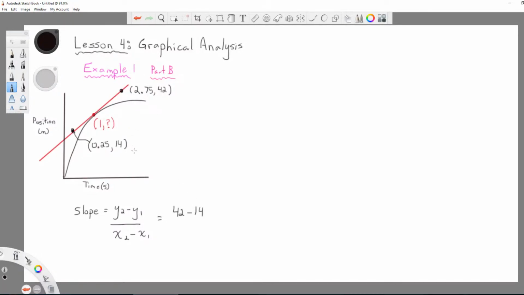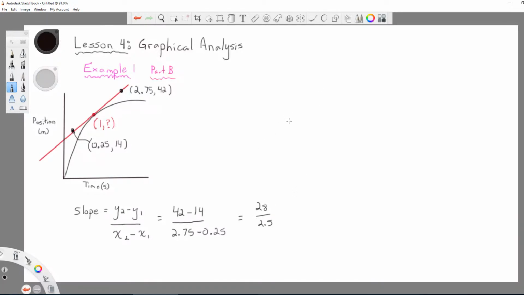These are our y values, 42 and 14, divided by 2.75 minus 0.25. To simplify that, I got 28 divided by 2.5.